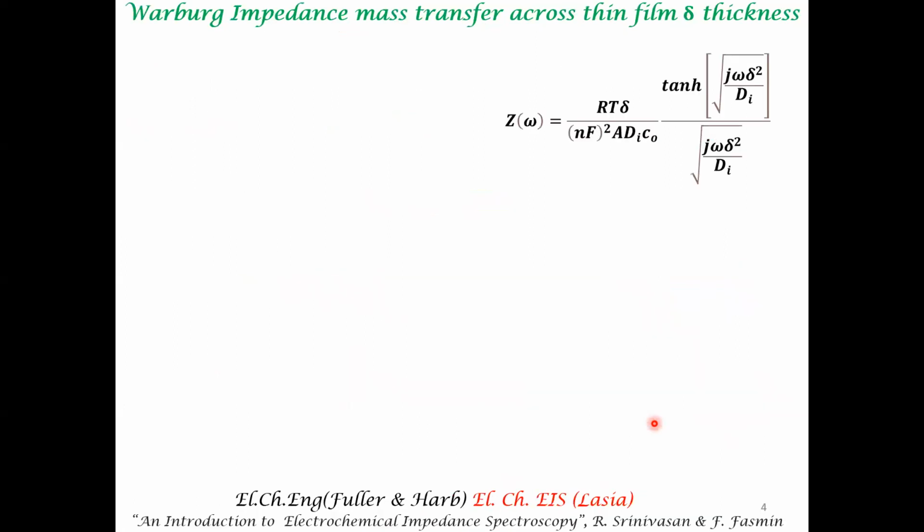Just before getting into the general feature, your textbook and other books will provide Warburg impedance for a variety of contexts. The expressions become more and more complex, but with a little bit of applied mathematics, all these things can be fairly easily understood, especially for chemical engineering students.